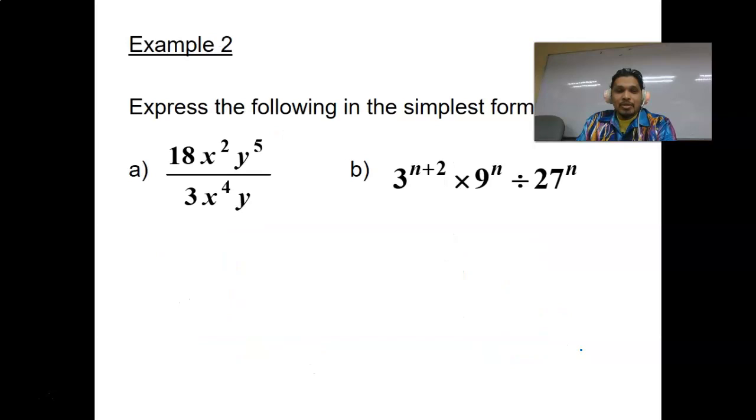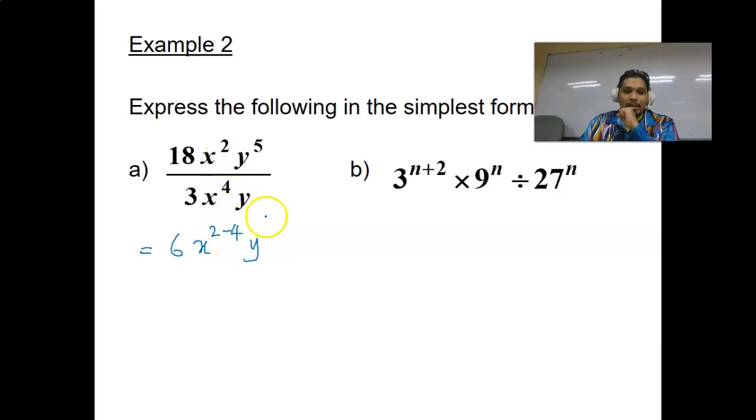Express this in the simplest form. Class, what do you think? 18 divided by 3 equals 6. x squared divided by x to the power of 4: we come up with 2 minus 4.